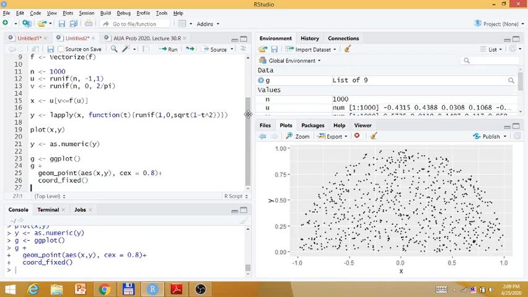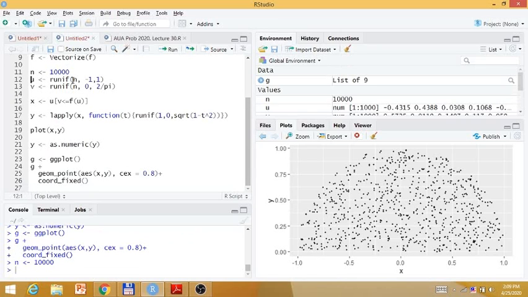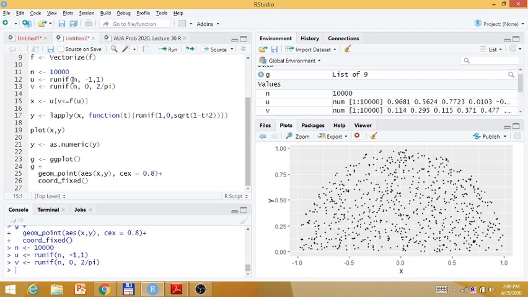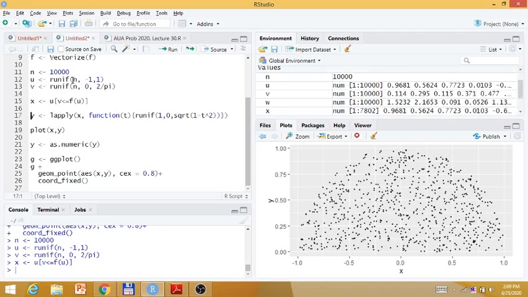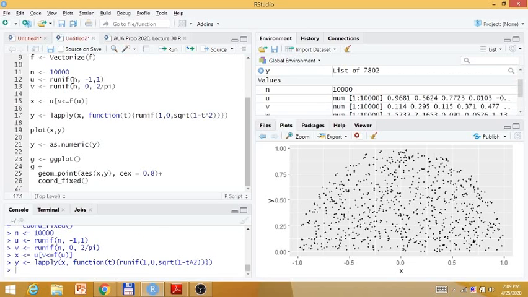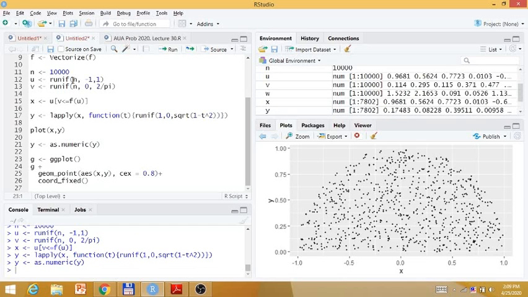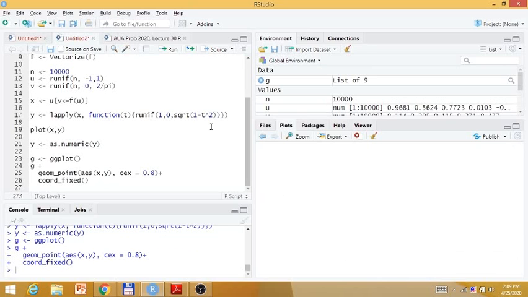Yeah, I have those points. If I increase it to 10,000... sorry, applying returns a list. That was the problem. So I'm making a numerical vector and then plotting the points.